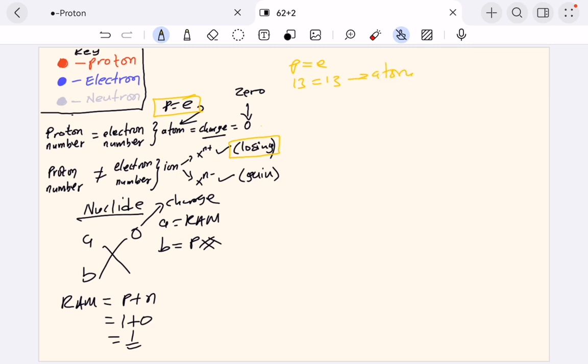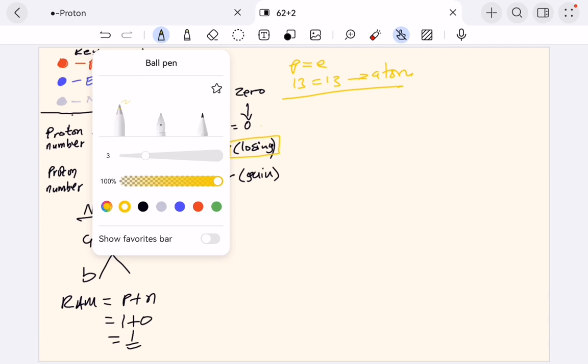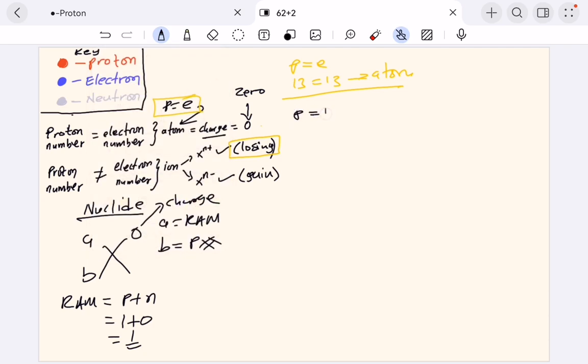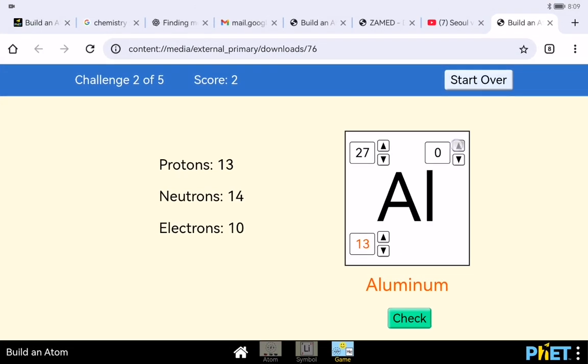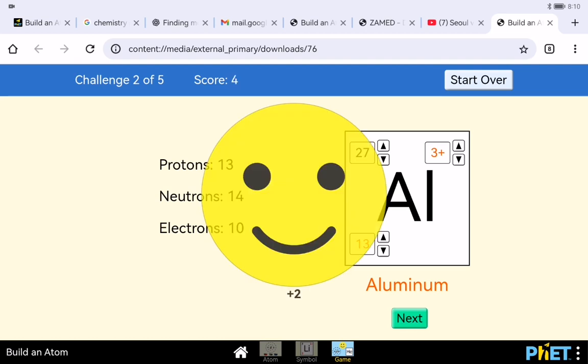But the case we're looking at, the proton number is 13, then the electron number has reduced to 10. So meaning there is a loss of 3, and a loss represents a positive. So we'll say positive charge, 3 electrons were lost.